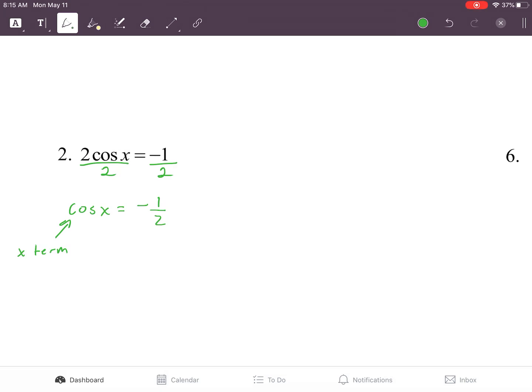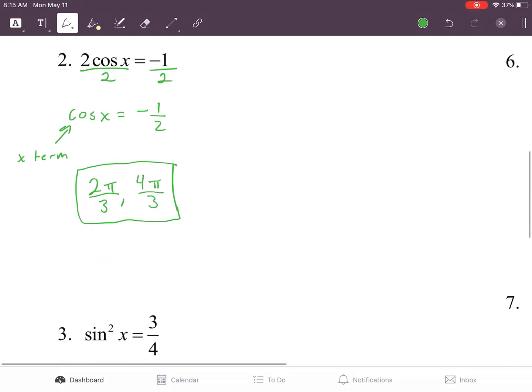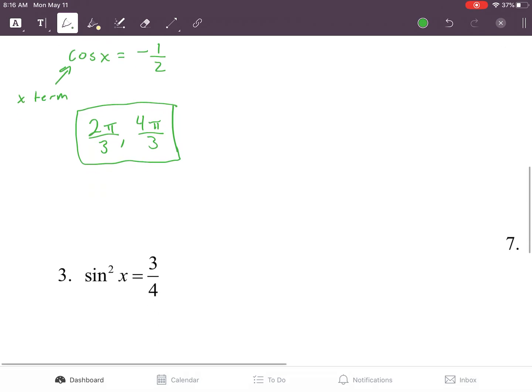Negative 1/2 happens twice. On the x term, it's going to be 2 pi over 3. The other one is going to be 4 pi over 3. That's it. So you're solving these equations for either sine or cosine, and whatever the answer is, you find that on the unit circle in the right position and write down the radians.